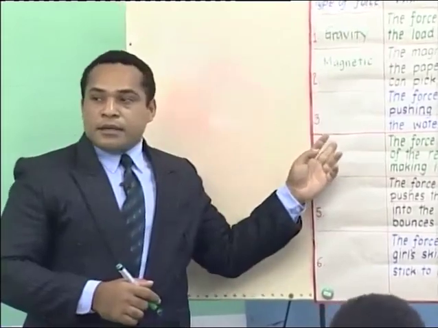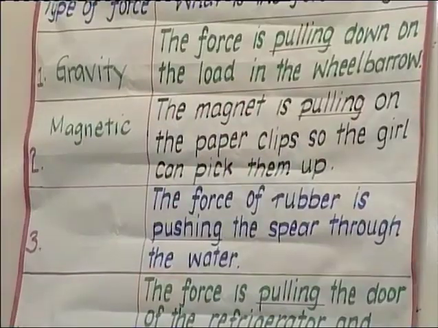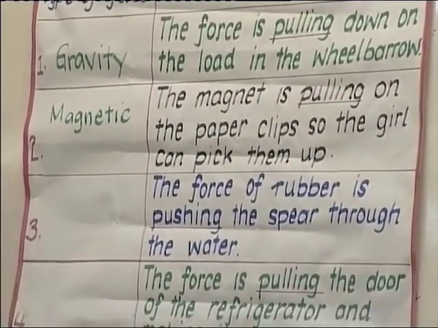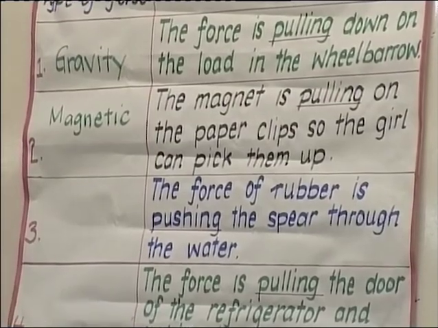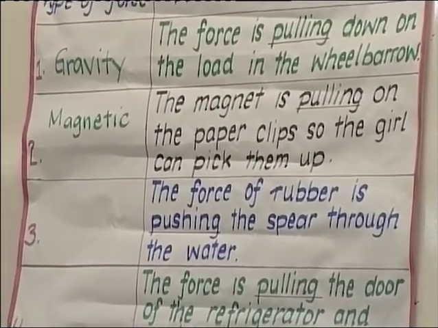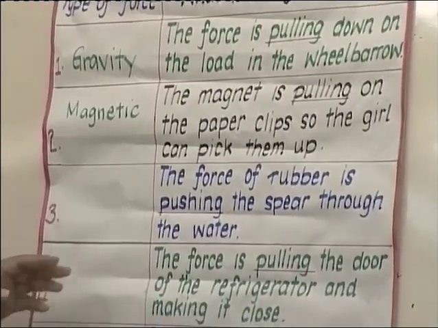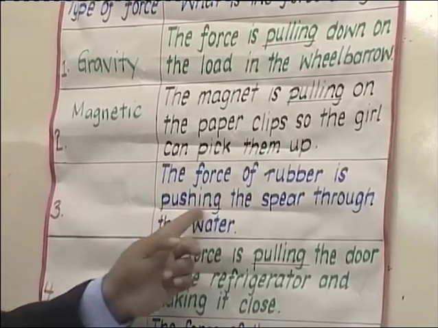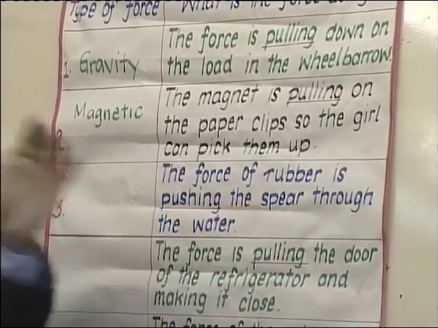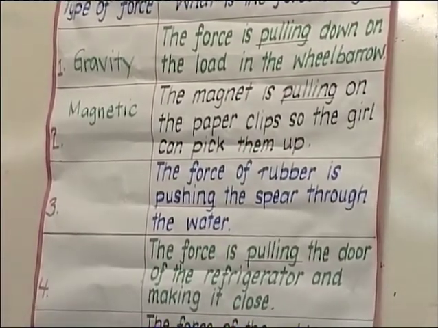Number 3. The force of rubber is pushing the spear through the water. Okay? What is the type of force? Here, the keyword is pushing, and the other keyword, rubber. Emmanuel.